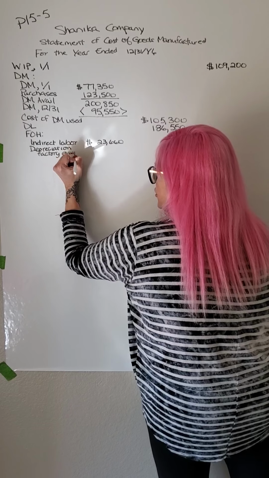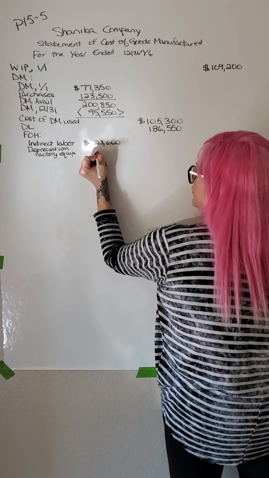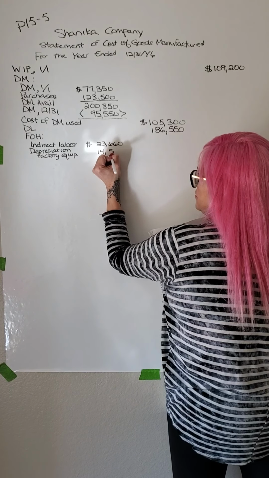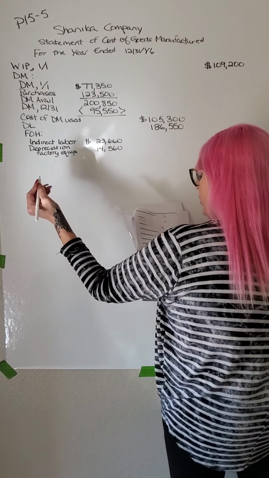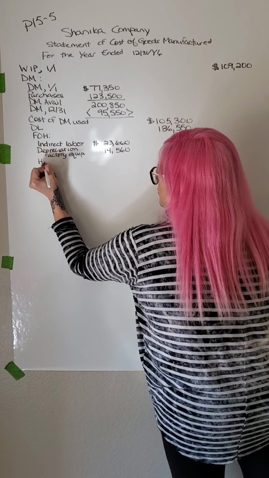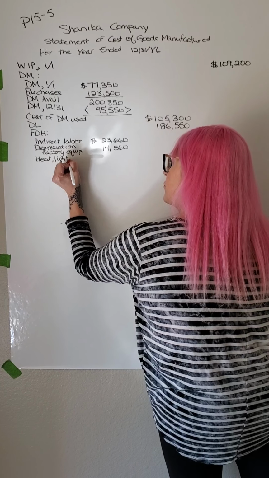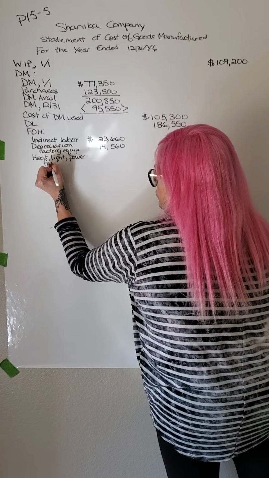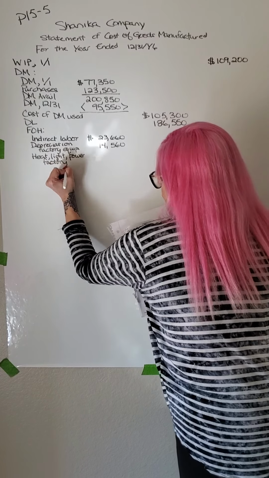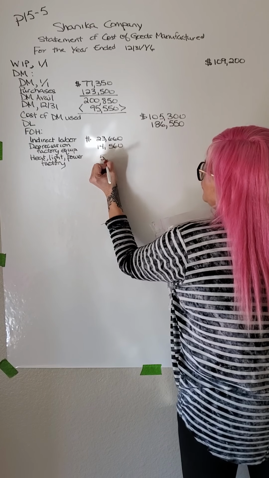You want to make sure you get the right amount there and you're not using the wrong one. So that's $14,560. Then we've got the heat, light, and the power for the factory. And that amount was $5,850.